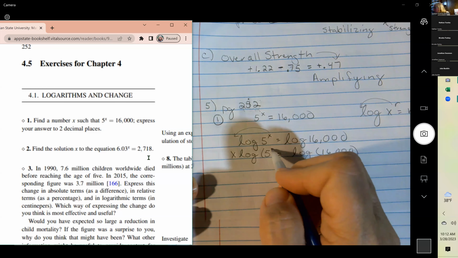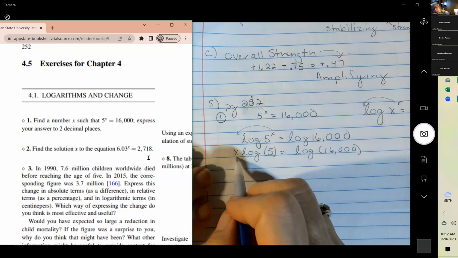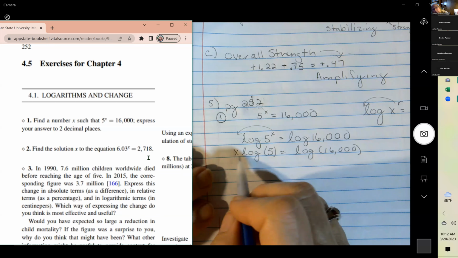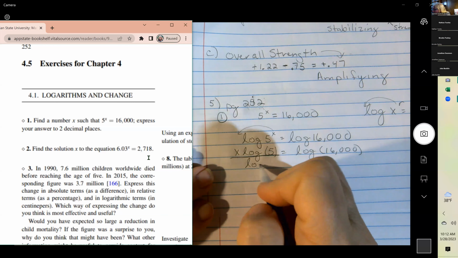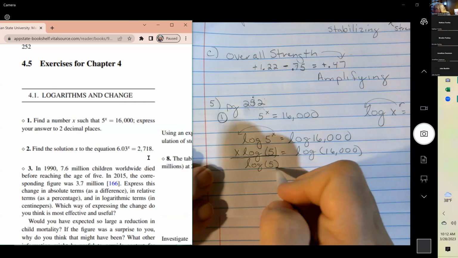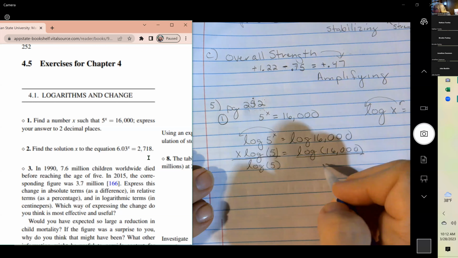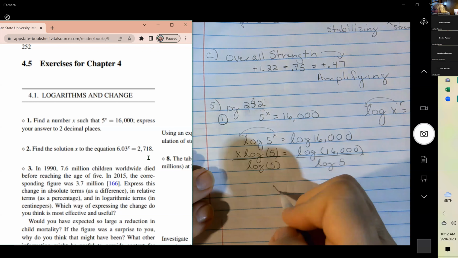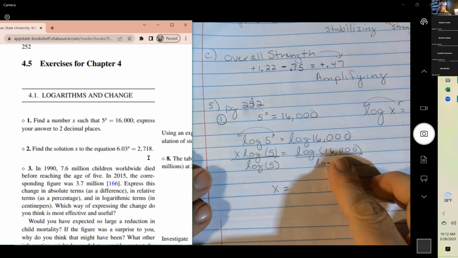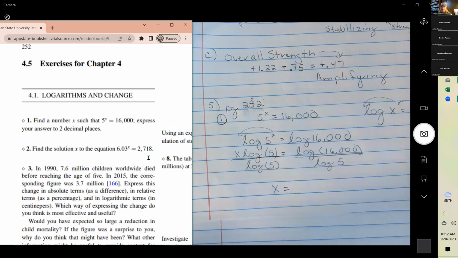We're trying to get x by itself. This is being multiplied. Always do the opposite. Opposite of multiplication, division. And then plug this into your calculator, and it says to round to 2 decimal places.